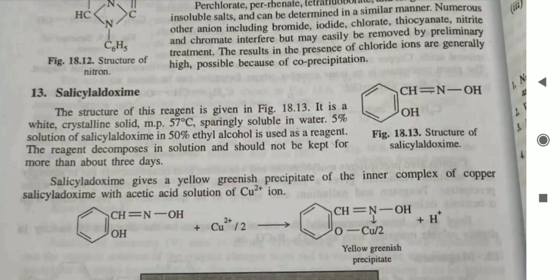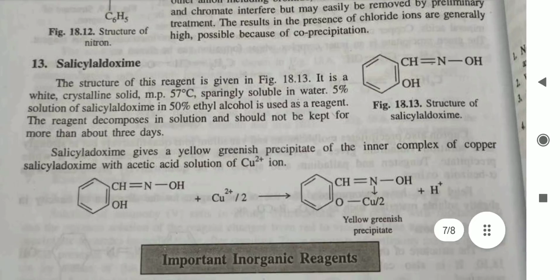13. Salicylaldoxime. The structure of this reagent is given in figure 18.13. It is a white crystalline solid, melting point 57 degrees Celsius, sparingly soluble in water. A 5% solution of the salicylaldoxime in 50% ethyl alcohol is used as a reagent.